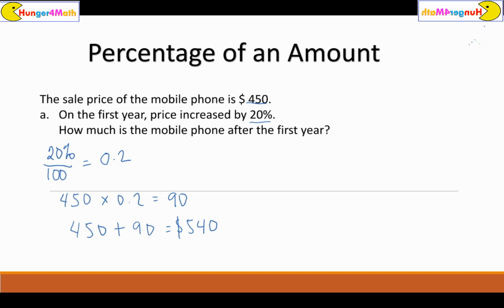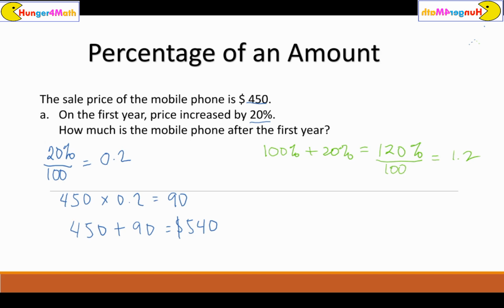This is the second way we can solve this. Since it increased by 20%, we could add 100% plus 20%. That's equivalent to 120%. Then convert that to decimal by dividing it by 100, and that is equivalent to 1.2.